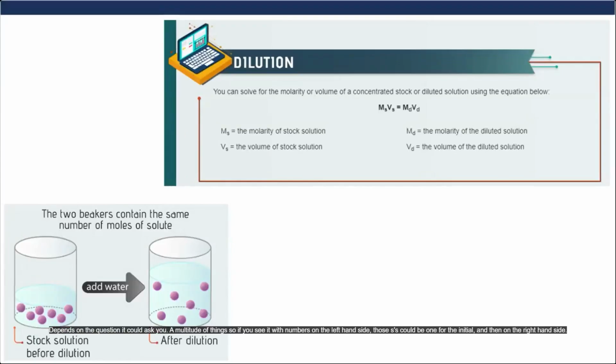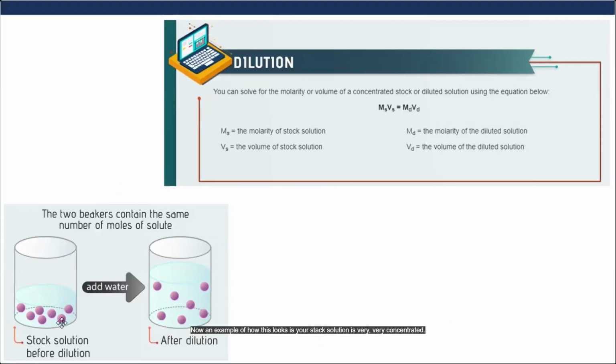It could ask you a multitude of things. So if you see it with numbers on the left-hand side, those S's could be 1s for the initial. And then on the right-hand side, those D's could be 2. So your first and then your second, your beginning and your final, your stock and your dilute.